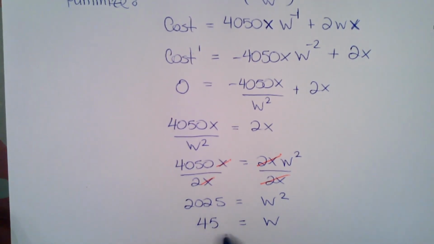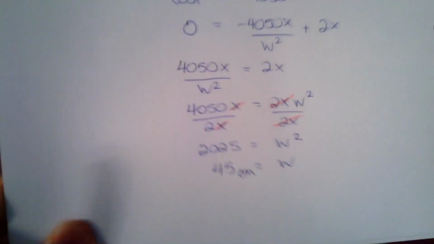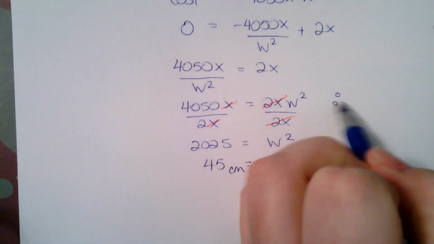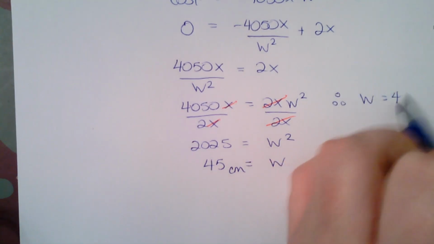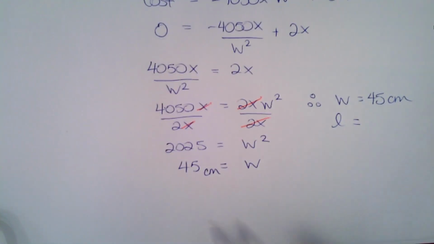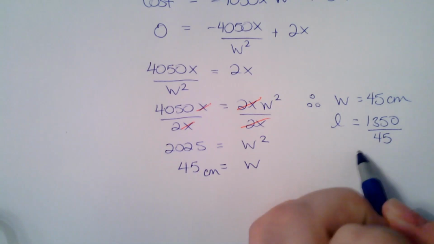Do we have a length? Yep, centimeters. So we have the width that will minimize cost. Therefore, we've got W of 45 centimeters, length 1350 over 45.